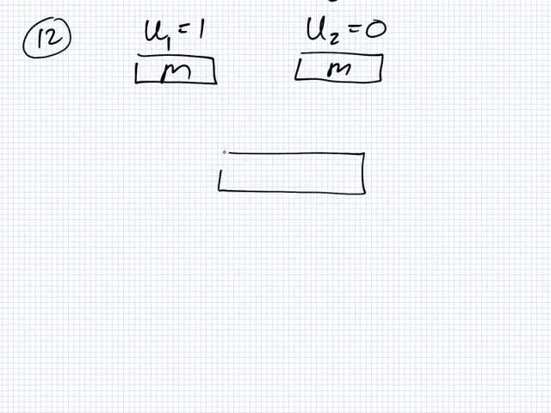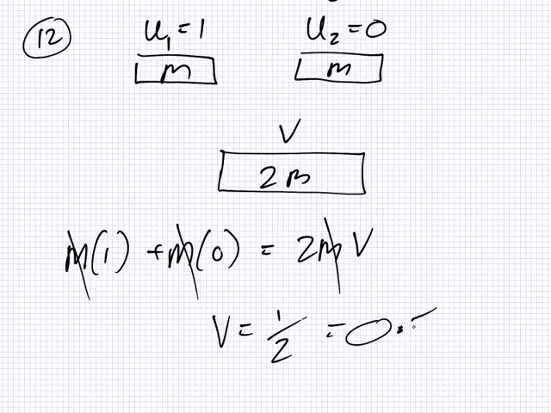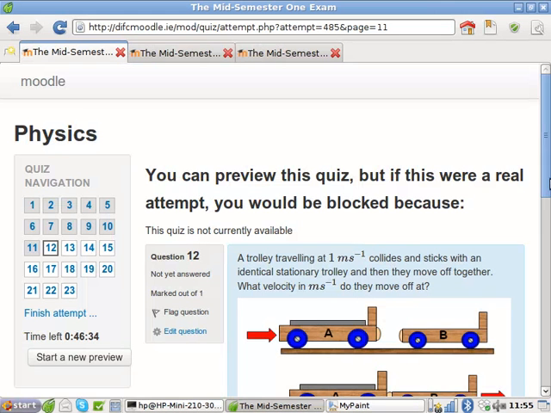And then they move off together at v. So what's the momentum beforehand? m1 u1 plus m2 u2 equals mv. Cancel, cancel, cancel. v is a half, 0.5.